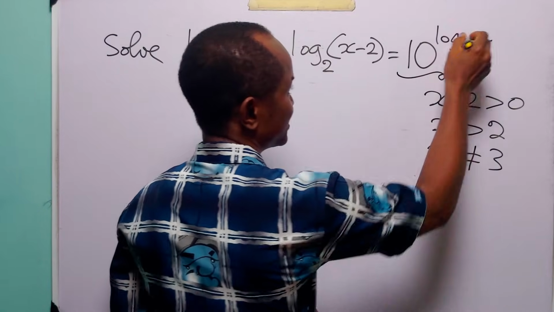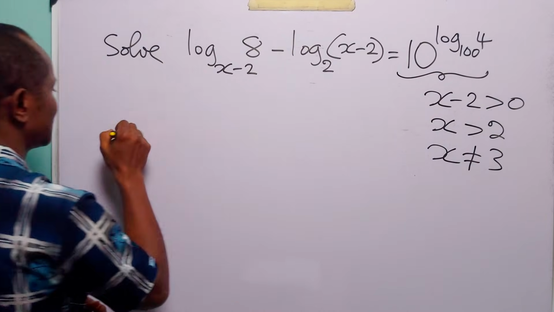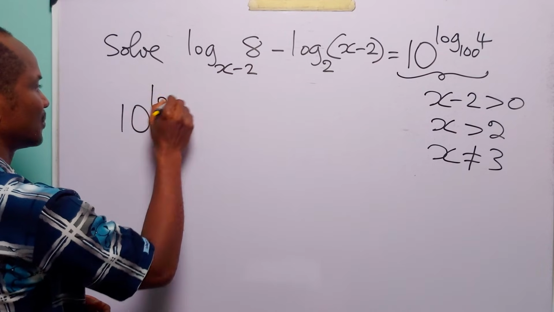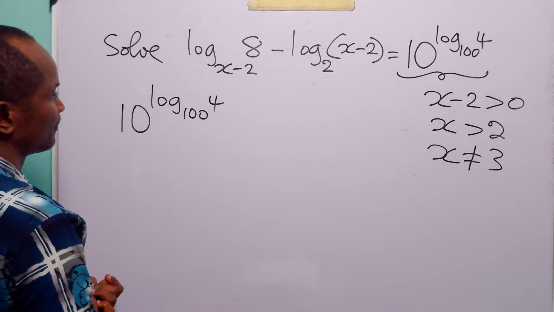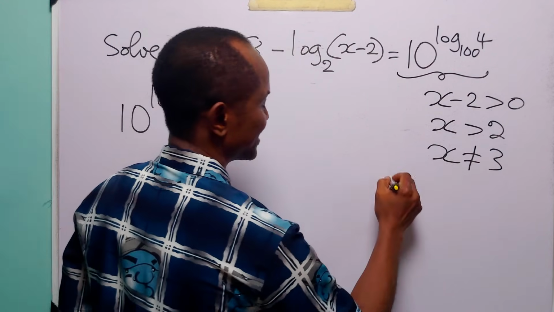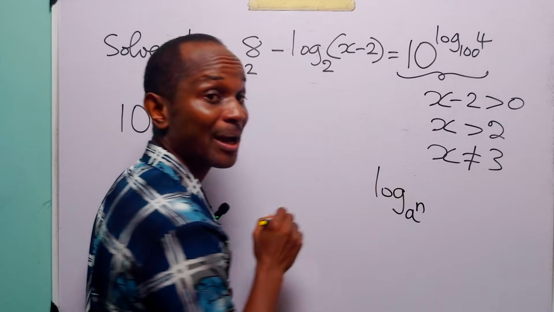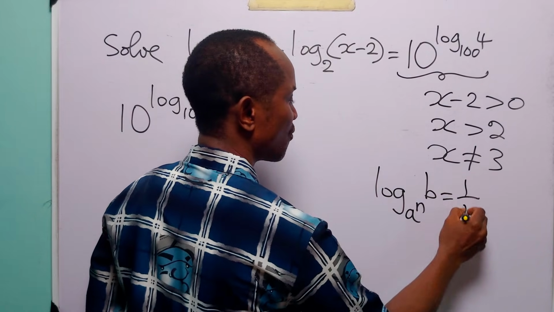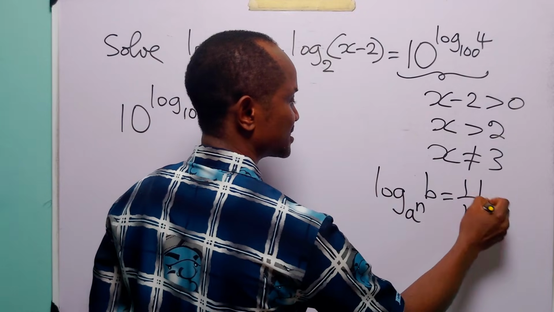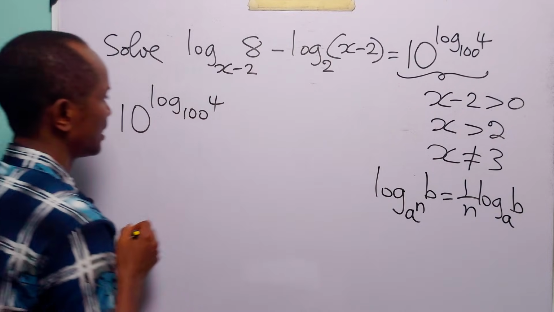Now, let us evaluate this constant on the right-hand side of this equation. We have 10 to the power log to base 100 of 4. Now recall the log identity: log to base a to the power n of b is equal to 1 over n times log to base a of b.